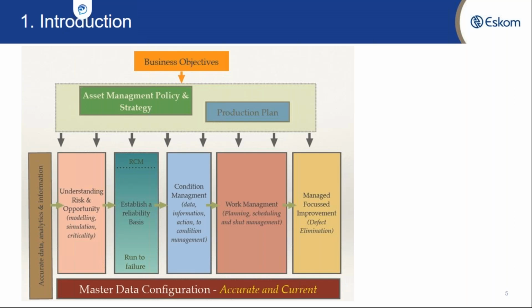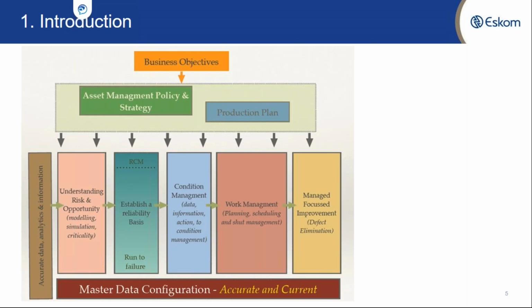Then once you have established what maintenance needs to be done, you take a step further to look at configuring the maintenance systems in terms of the condition management information that will have to be managed across the process. Then once that is in place, the cycle takes us to the next step, which is looking at the work management.